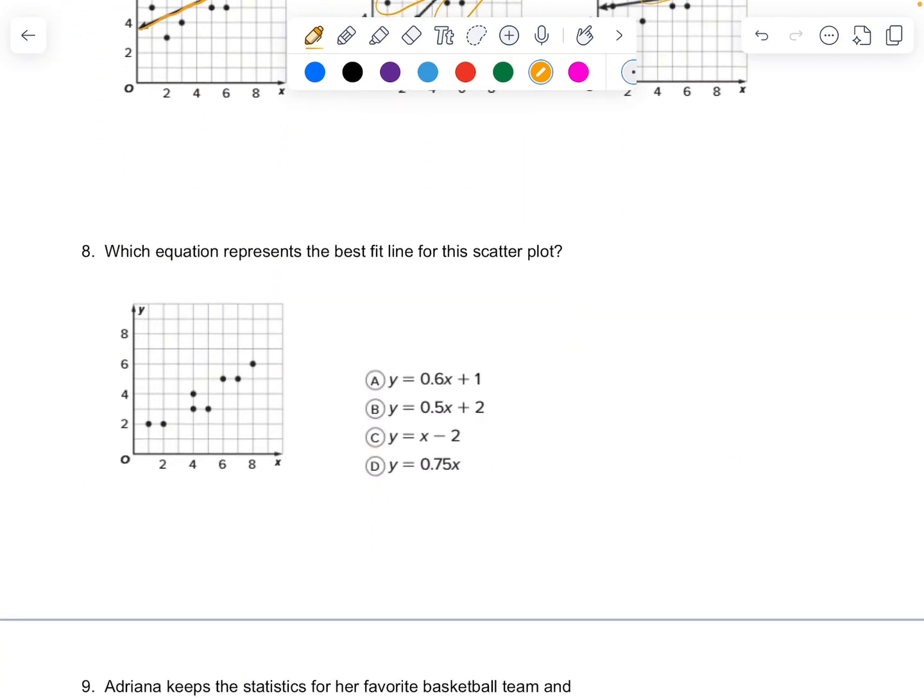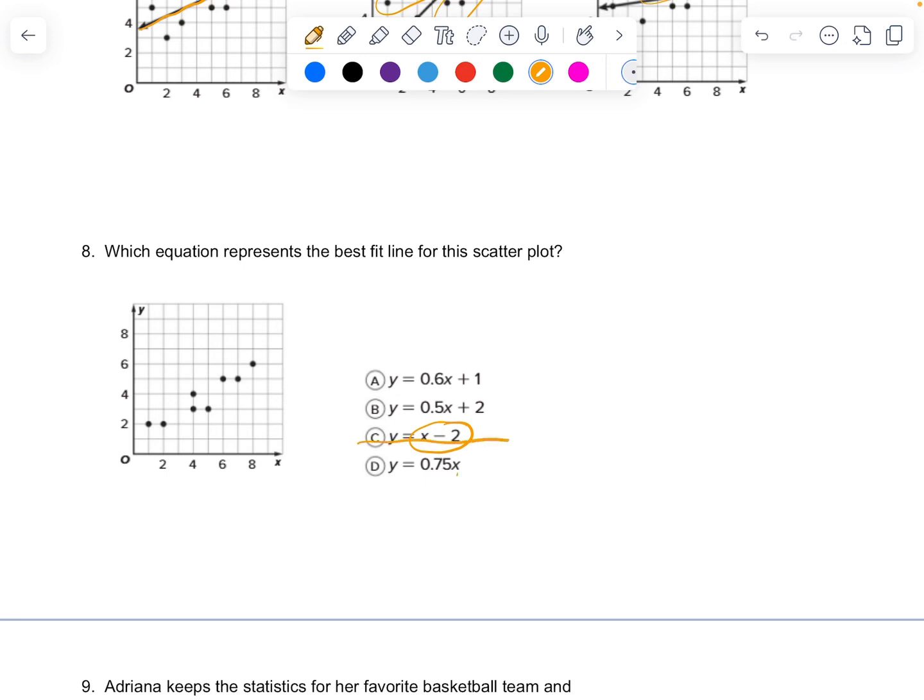Which equation represents the line of best fit for this? Well, let's see. The line going through negative 2. That means it would go up like this kind of. So that wouldn't work. So I'm going to say no to that one.